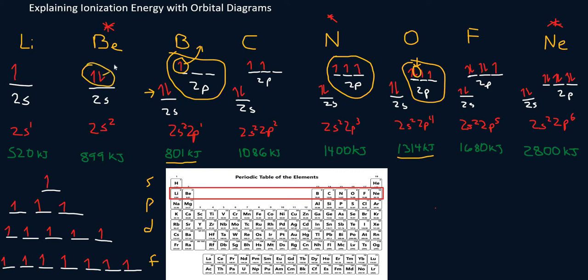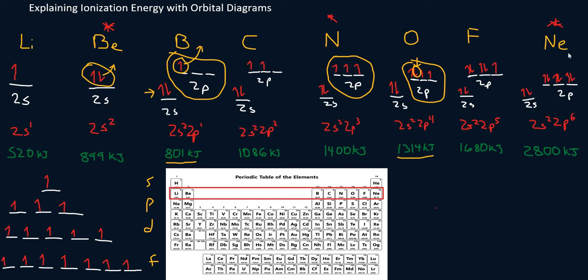So if you were to remove this electron right here from beryllium, the orbital would become more unstable, which means more energy is required to remove that electron. For boron, if you remove this lone electron up here, you're making the boron more stable, which means it requires less energy to remove that one electron. So that's the overall trend with that.